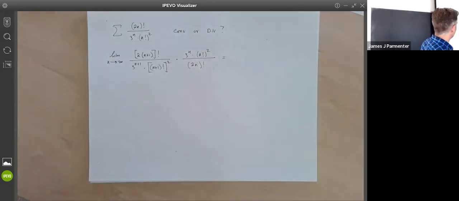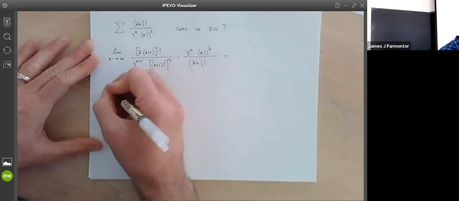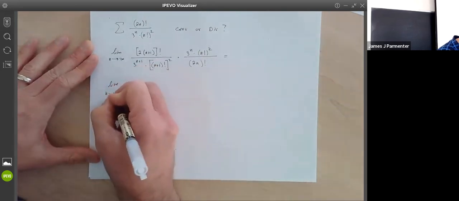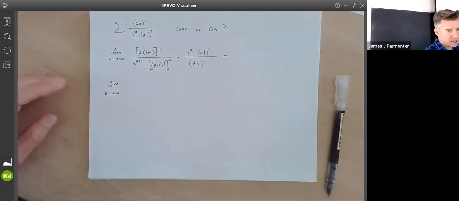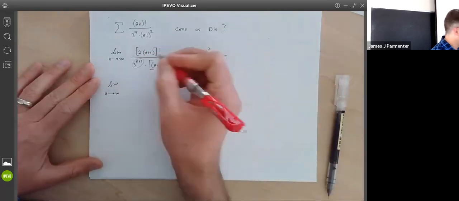Again, we're going to group terms together. We're also going to kind of simplify a little bit. So let's see what we mean by that. I'm going to write this as the limit as n goes to infinity. Of course, you should get really comfortable with seeing 3 to the n over 3 to the n plus 1 and saying that's 1/3.